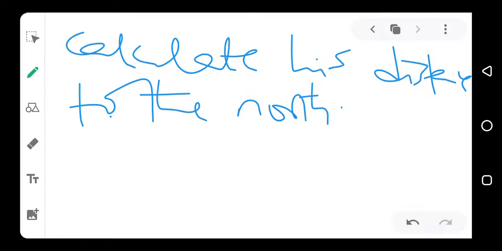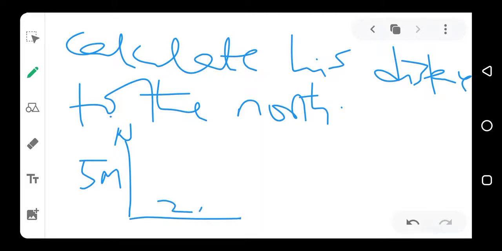Now how do we solve this? Now this is north, N. The boy traveled down to the south and covers a distance of 5 meters. This is 5 meters to the south. And now the person starts going to the east and covers a distance of 2 meters.